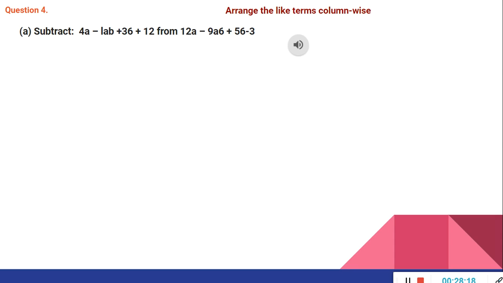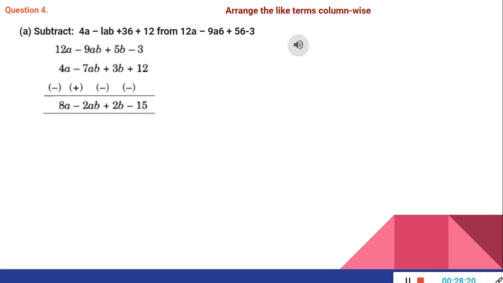So here 12a minus 9ab plus 5b minus 3, minus 4a minus 7ab plus 3b plus 12. So here 4a is positive, so that will change as minus. Minus 7ab will change as plus. Plus 3b will change as minus. Plus 12 will change as minus.